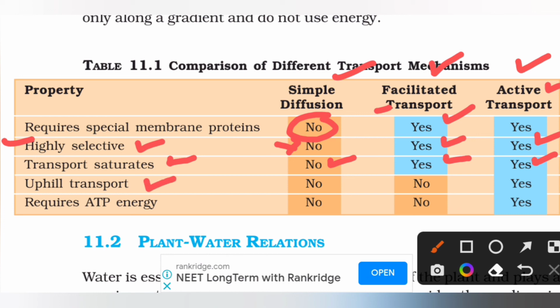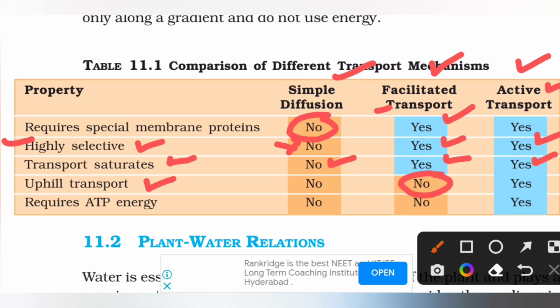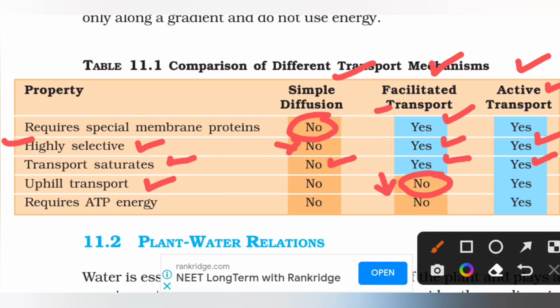And then uphill transport. Uphill means from lower concentration to higher concentration. Facilitated diffusion is not an uphill reaction. It is a downhill reaction, because here the diffusion is from higher to lower. Active transport is an uphill reaction, right? Now, requires ATP energy: diffusion doesn't require any ATP energy.